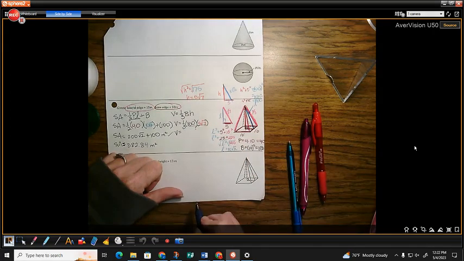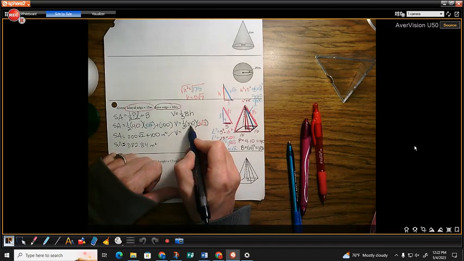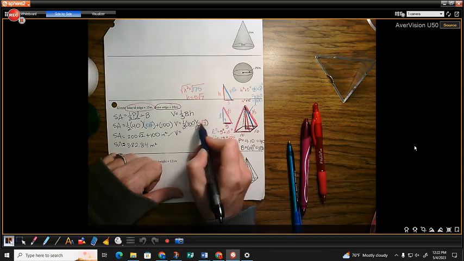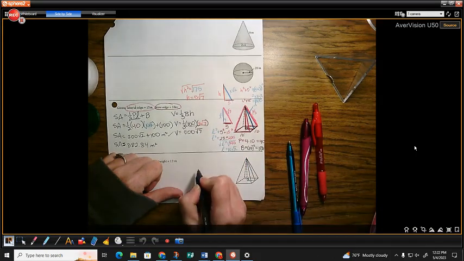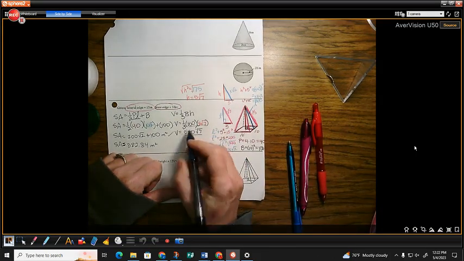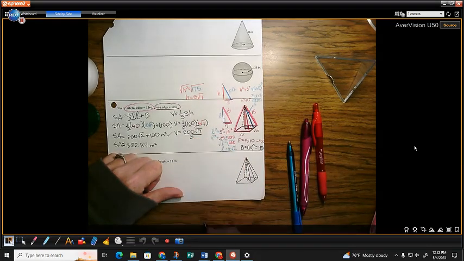Go across the top, go across the bottom. What's 1 times 100 times the 5? It's 500, and then the root 7. On the bottom, what's 3 times the 1? 3. So 500 root 7 over 3.